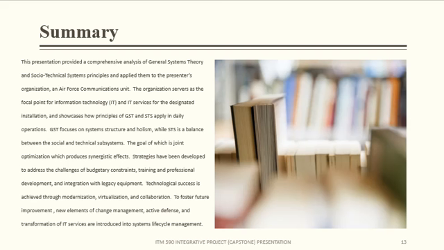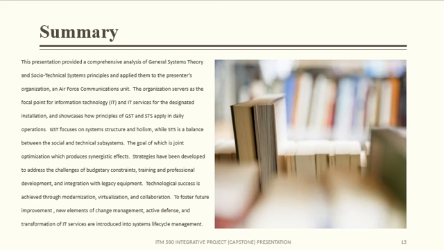While general systems theory focuses on system structure and holism, socio-technical systems is a balance between the social and technical subsystems, with the overall goal being joint optimization and producing synergistic effects.